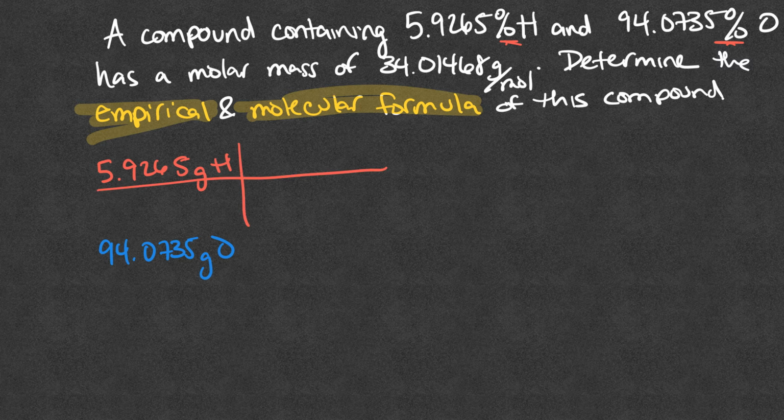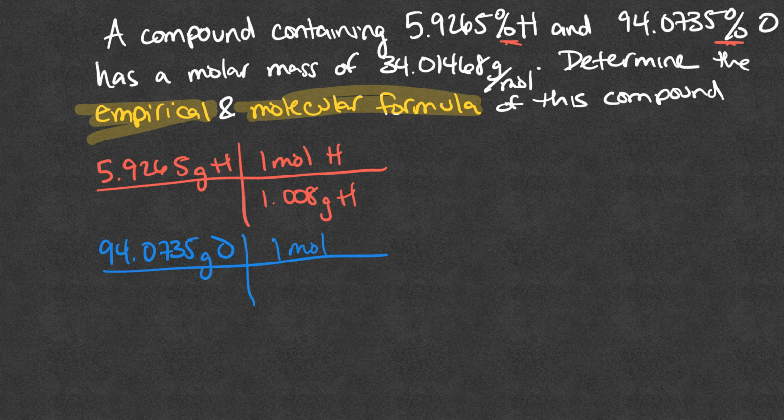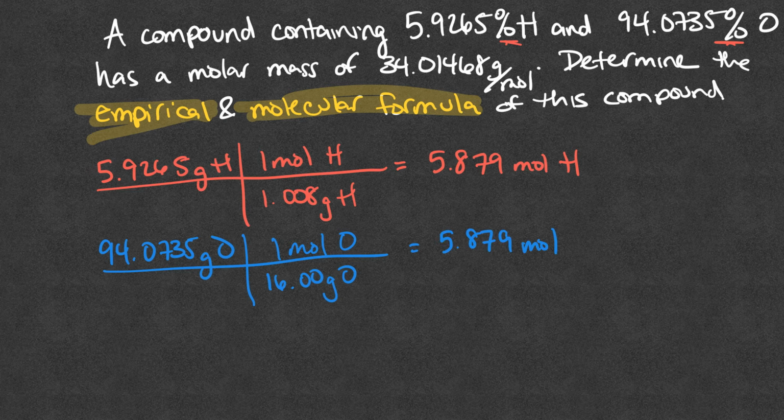We'll get the molar mass. We know that 1 mole of hydrogen is 1.008 grams of hydrogen, and 1 mole of oxygen is 16.00 grams of oxygen. When you put this in a calculator, we have 5.879 moles of hydrogen, and for oxygen we get 5.879 moles of oxygen.